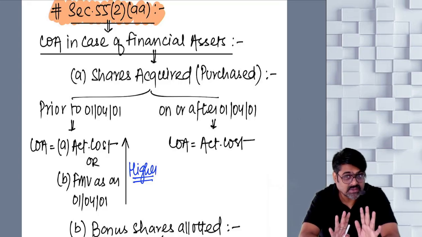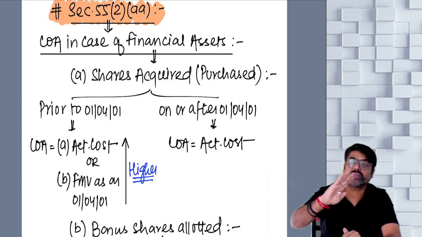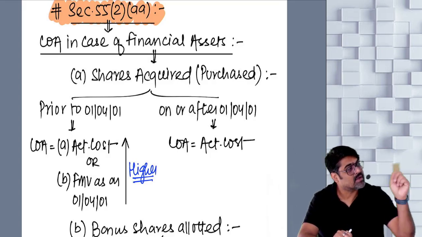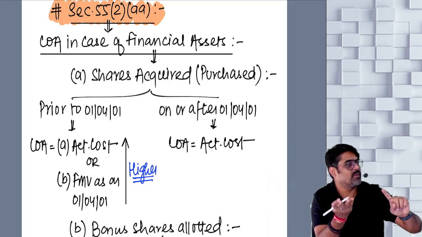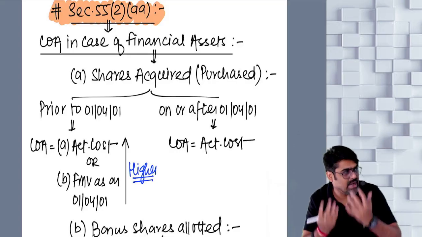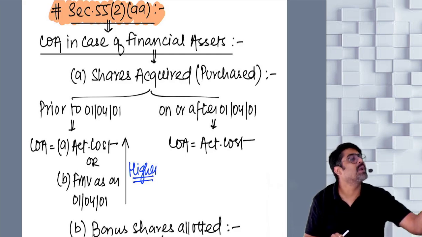So in the case of listed shares, the company will allot the shares in the name of the depository, CDSL or NSDL. CDSL or NSDL will convert these shares into electronic, dematerialized form. And now these dematerialized shares will be traded in the market, which you are buying.